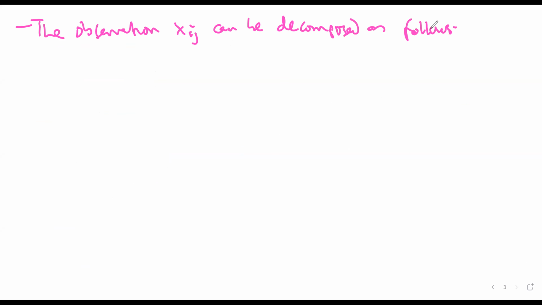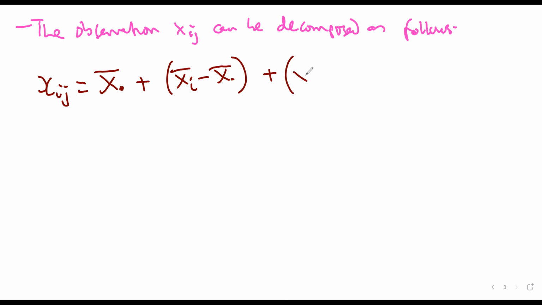We start by saying that the observation xij can be decomposed as follows. xij is equal to the overall mean, plus x bar i minus x bar dot, plus xij minus x bar i.